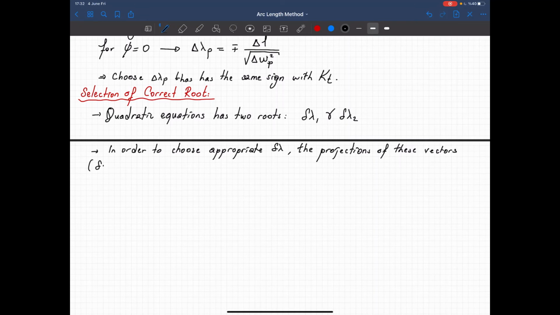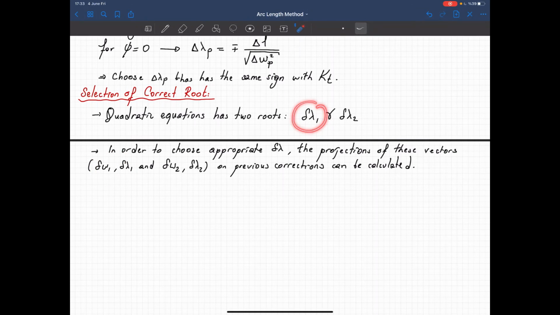In that case, W1 on previous corrections can be calculated. Here I'm saying that this one belongs to the first root, this one belongs to the second root.